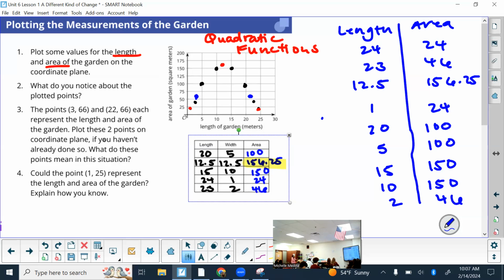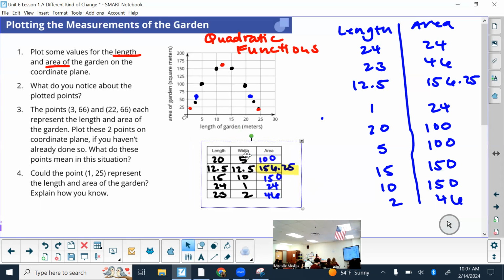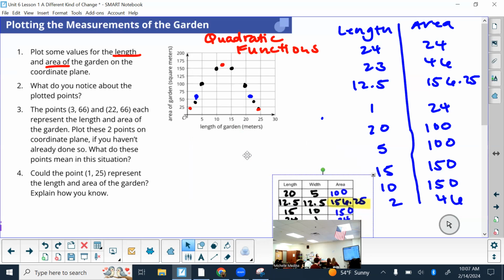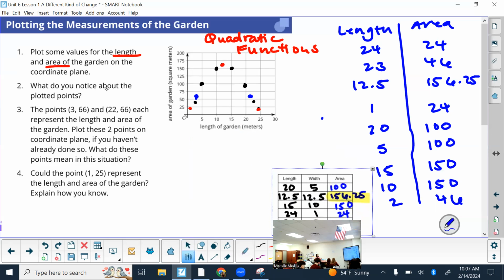So it says, what do these points mean in this situation? Jack, I'll call on you. What is the 3 representing in this situation? Okay, good. So a rectangle or a garden with a length of 3. That could be how you're interpreting it.